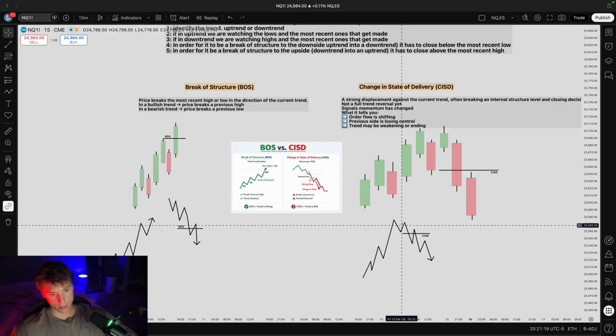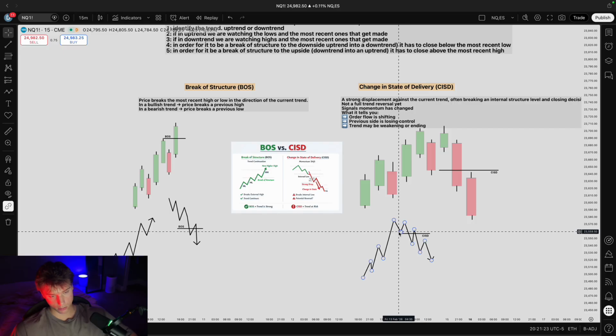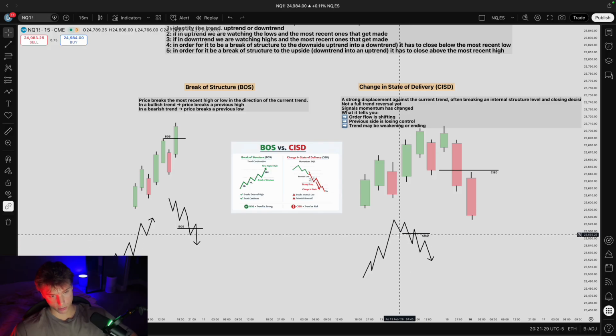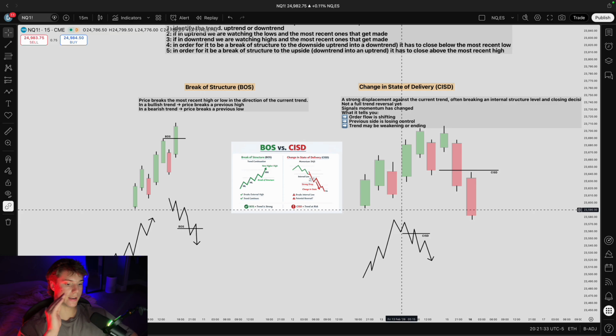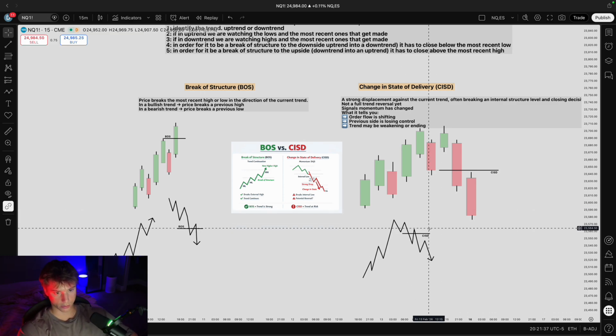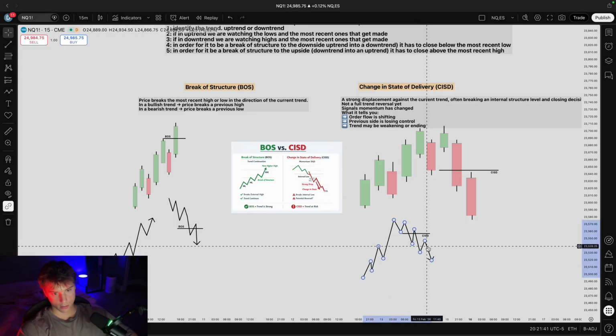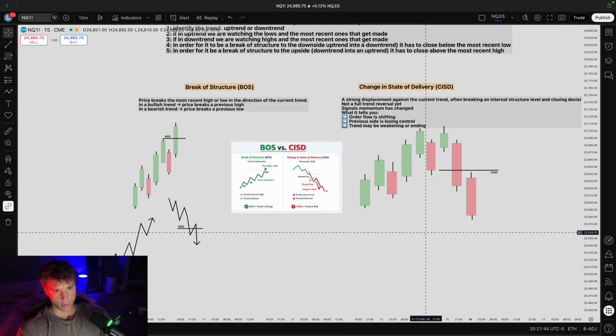But instead, we broke through this lower low, this higher low, creating a new lower low that is lower than this original low. And it is telling us that market now wants to go in the opposite direction. And now we could start going down towards these lows.